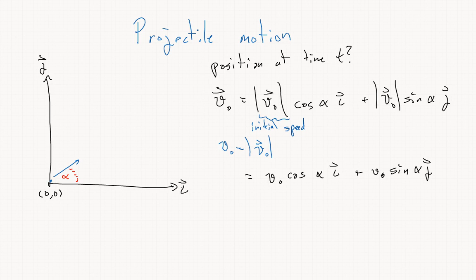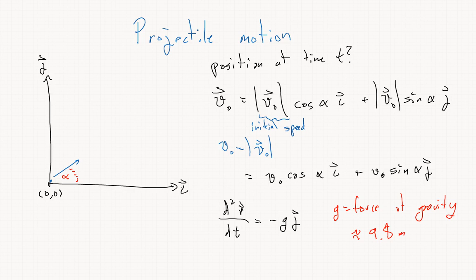Then from physics, we know that the acceleration, which is the second derivative of position with respect to t, will just be negative g j, where g is the force of gravity, which is approximately 9.8 meters per second squared.